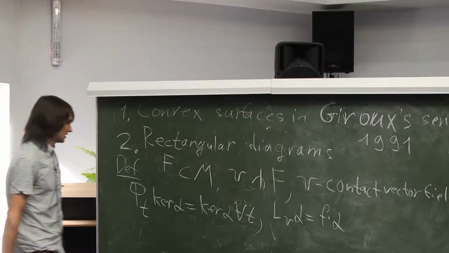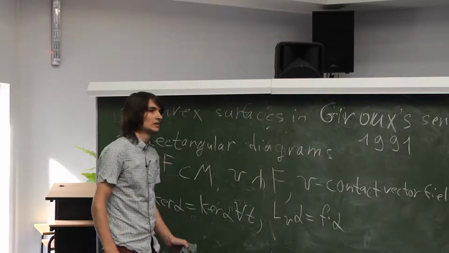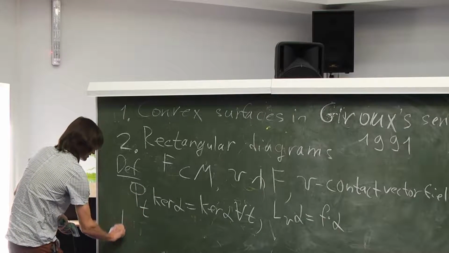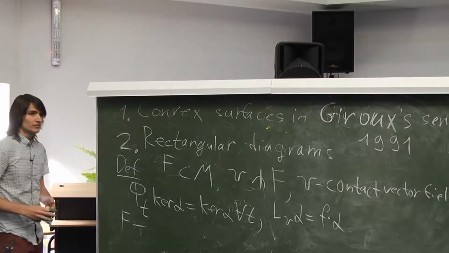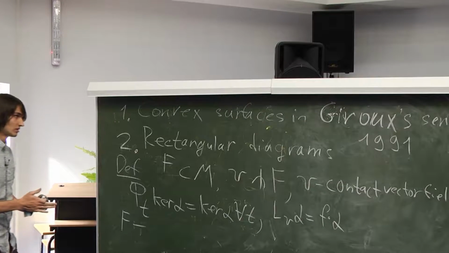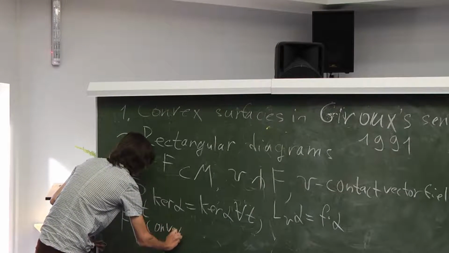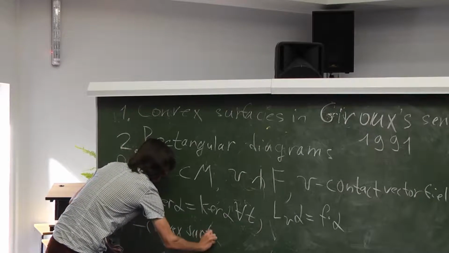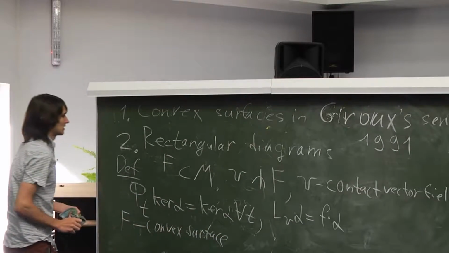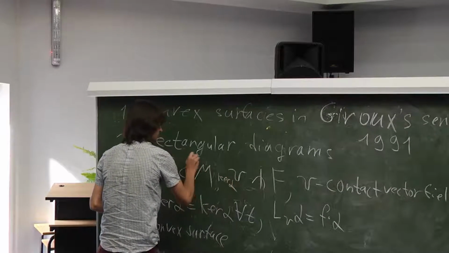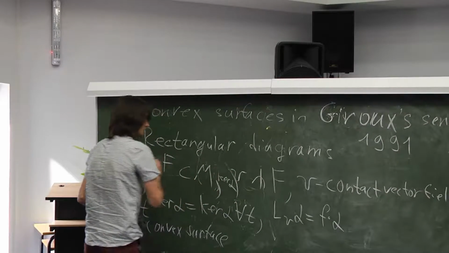Okay. Yes, I forgot. Surface F is a convex surface. M is a contact manifold.